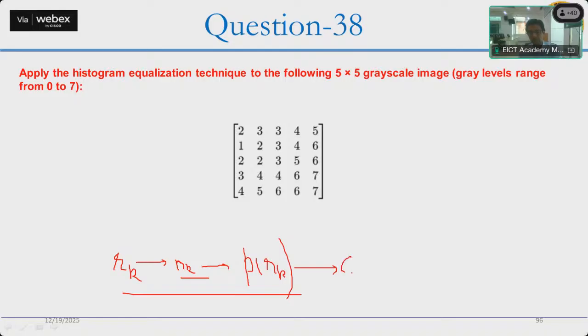Then you calculate basically the CDF. Then what did you calculate? PDF we have calculated, CDF we have calculated. Then what? Then you multiply with L minus 1.